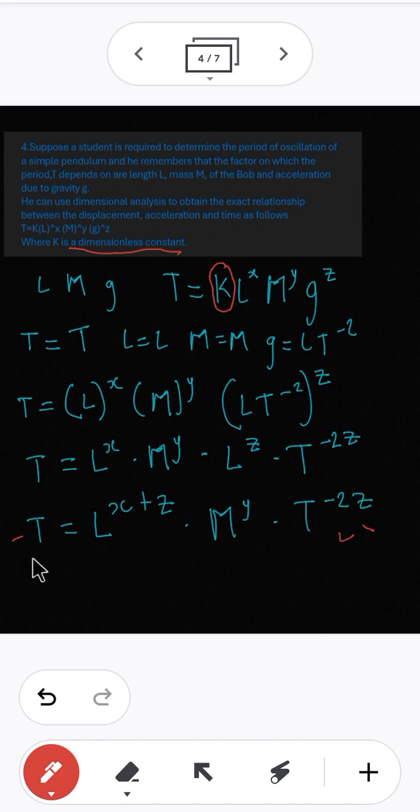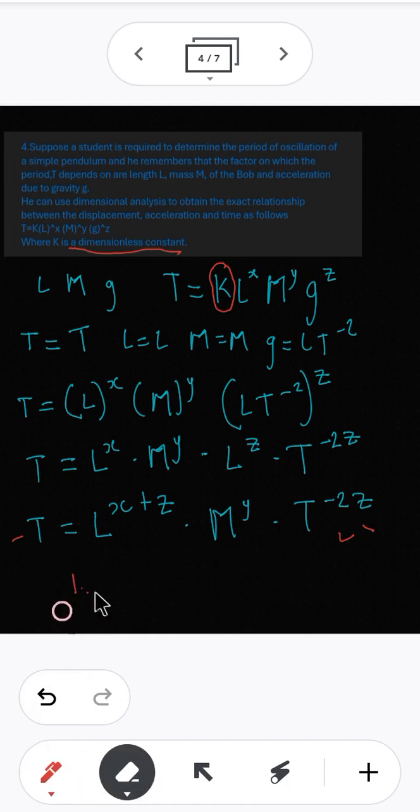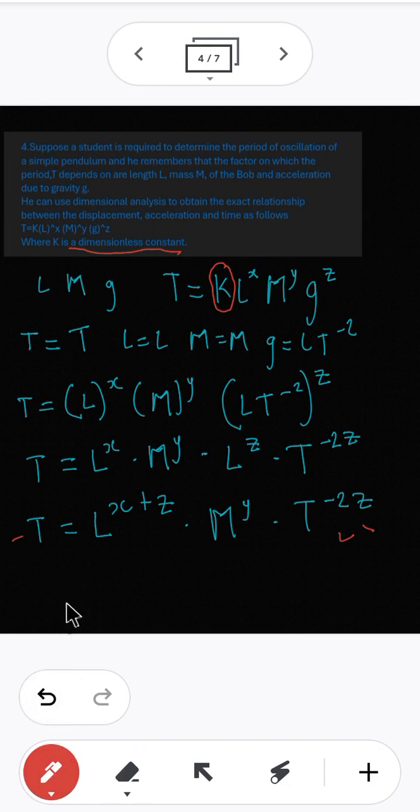So what are we going to do? Remember that anything raised to power 0 gives 1, right? Anything raised to power 0 gives 1, and anything multiplied by 1 gives that thing. So using this idea, we can do a little bit of mathematics, and we'll see that L raised to power 0 multiplied by M raised to power 0 multiplied by T gives us L to the x plus z multiplied by M raised to power y multiplied by T raised to power minus 2z.